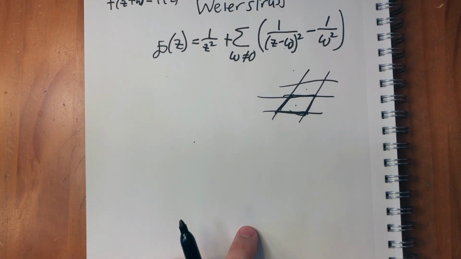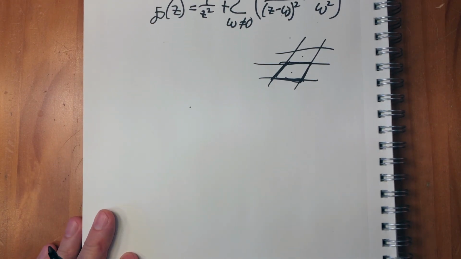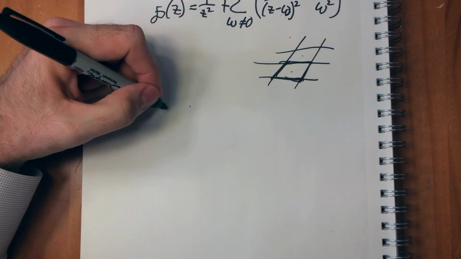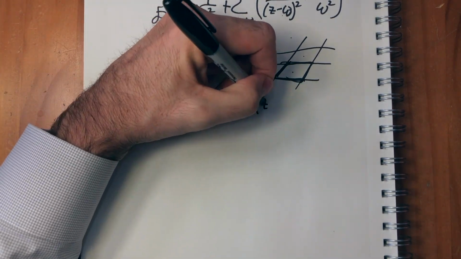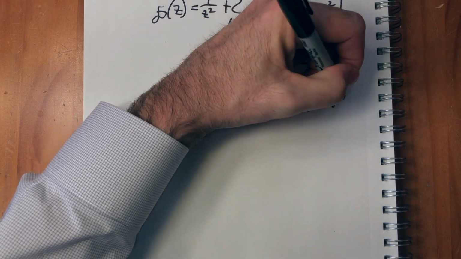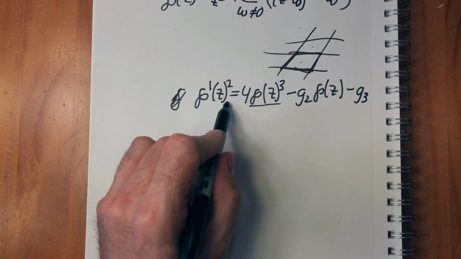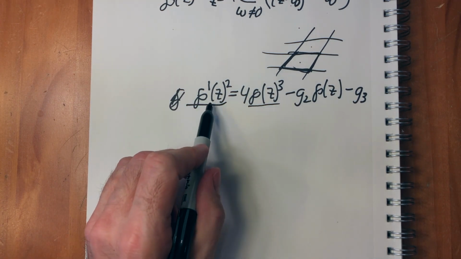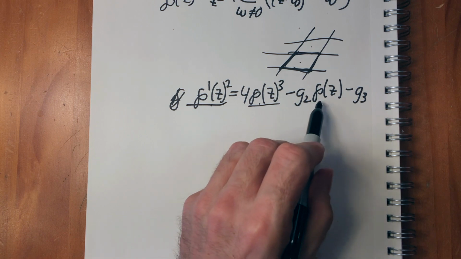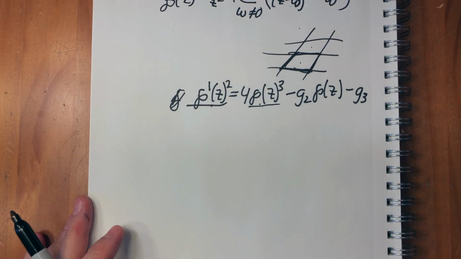The amazing thing is, when you take the derivative of this function, you end up with something completely insane, which is, whoops, wrong one. This is the Weierstrass function. This is the derivative of the Weierstrass function. And what we have here is an elliptic curve. This squared equals this cubed minus the same thing with some coefficients. That's just amazing.